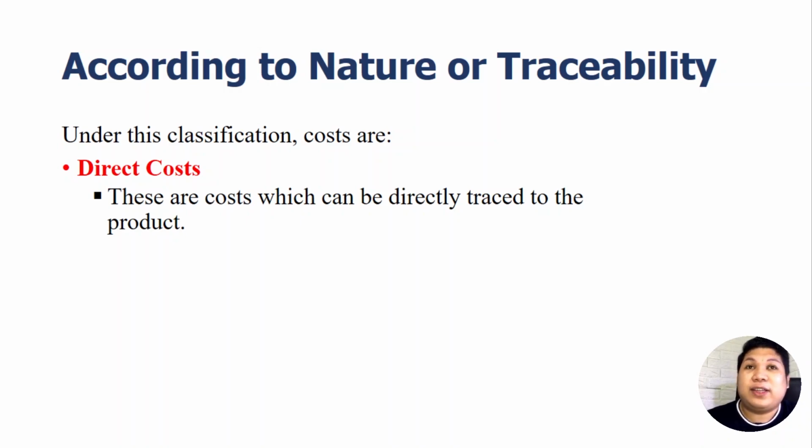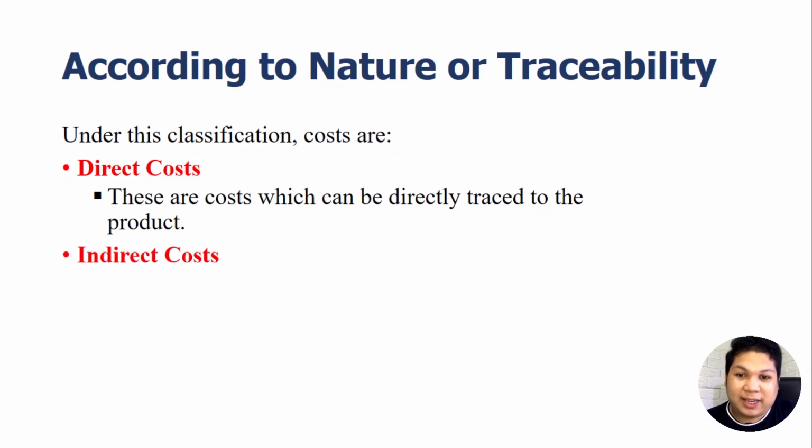Another example: if you are into baking or a restaurant, you have ingredients and flavoring, and those are direct costs. They are direct costs because you can directly sense that these materials are in there. The flavoring, the spices, the ingredients are direct costs. You can directly sense that they are in the product.